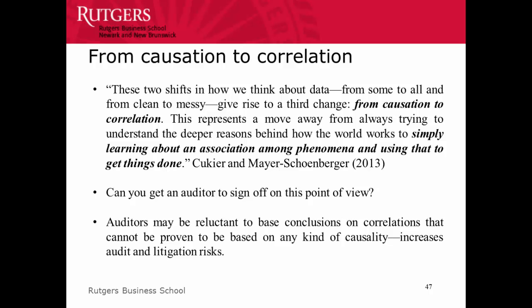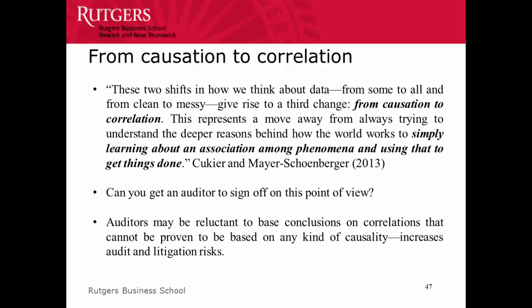This represents a move away from always trying to understand the deeper reasons behind how the world works, to simply learning about an association among phenomena and using that to get things done.